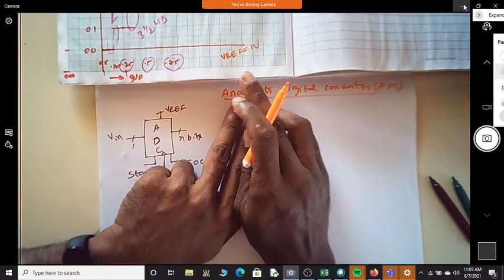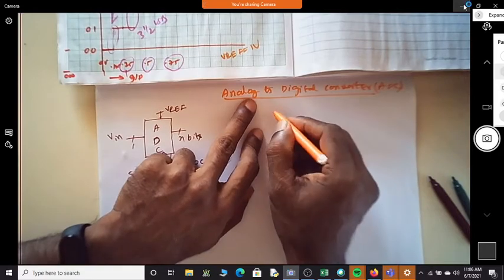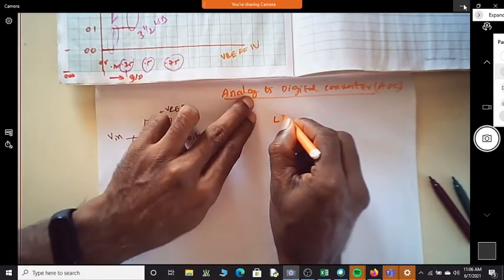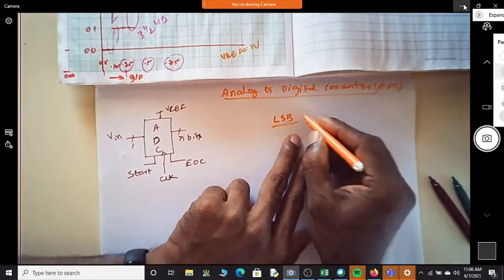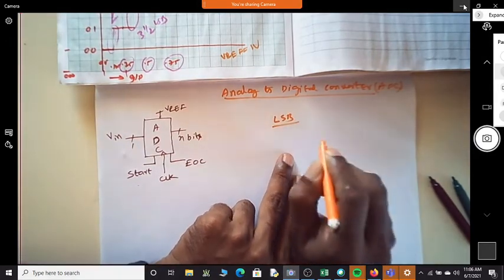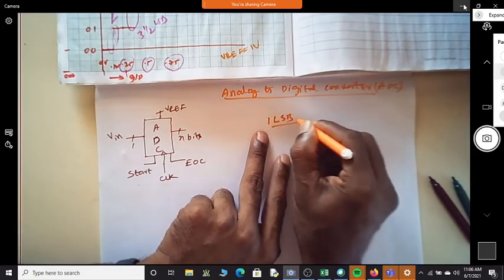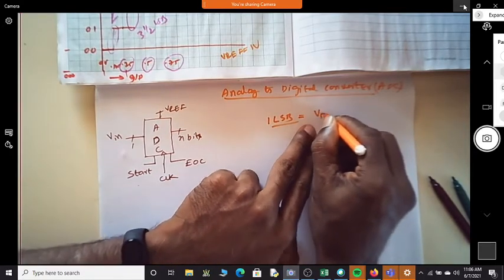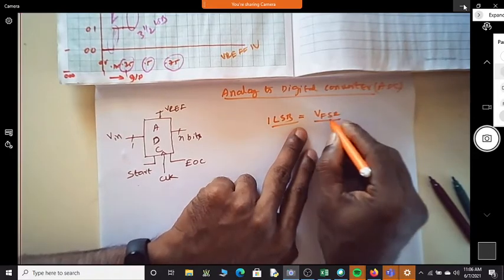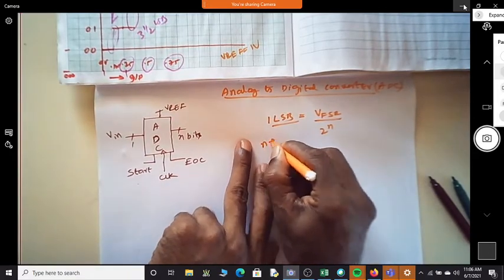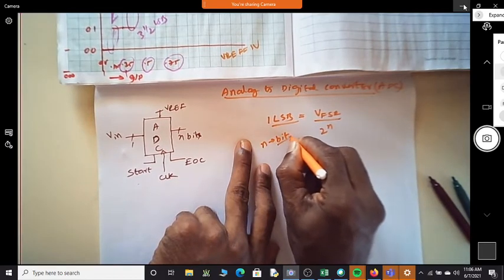Here also we have an LSB. One LSB means, because the input voltages keep on changing, here also we specify one LSB is equal to VFSR by 2 power n, where n is the number of bits.